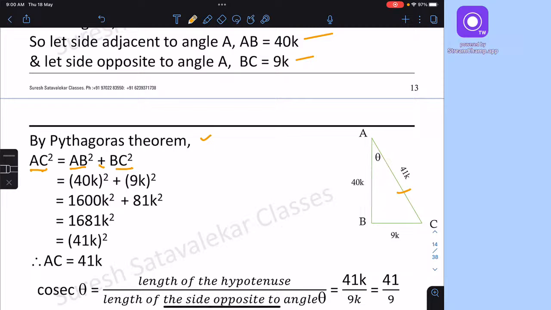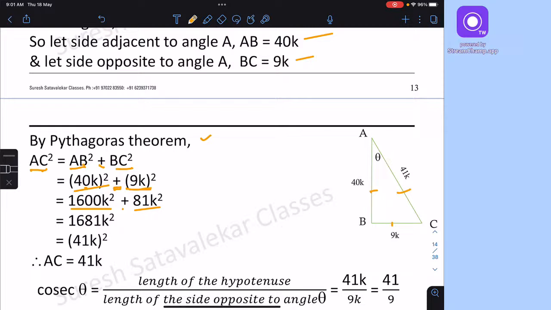AC square is equal to AB square plus BC square. AB is 40k, so square of 40k. BC square means square of 9k, and you have to add them. So 40 square is 1600k square. Square of 9k is 81k square.